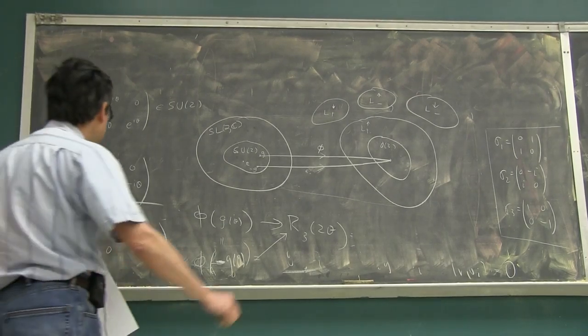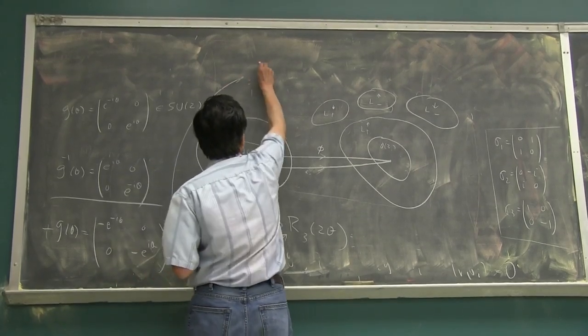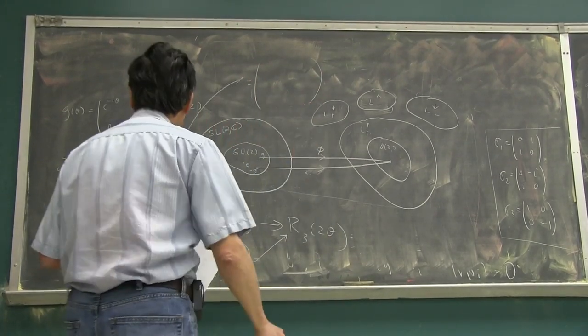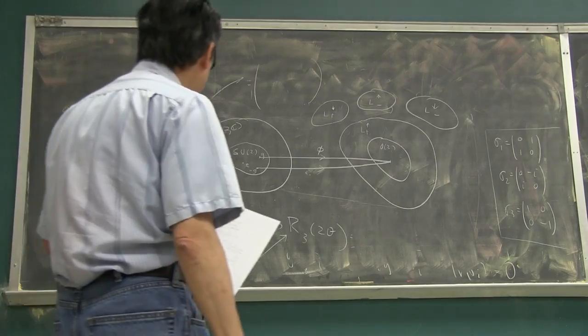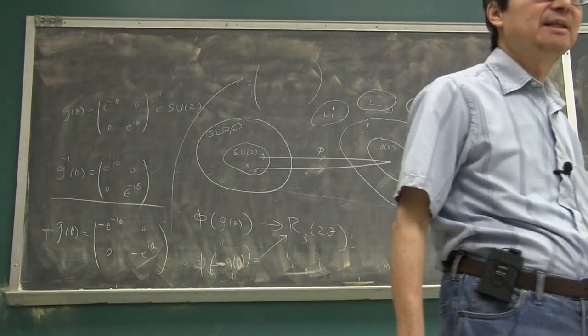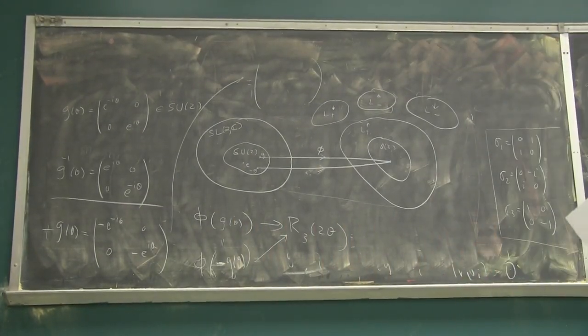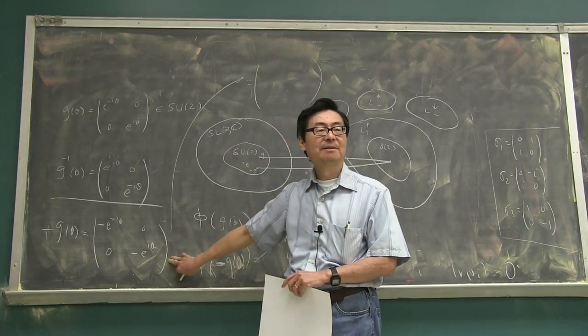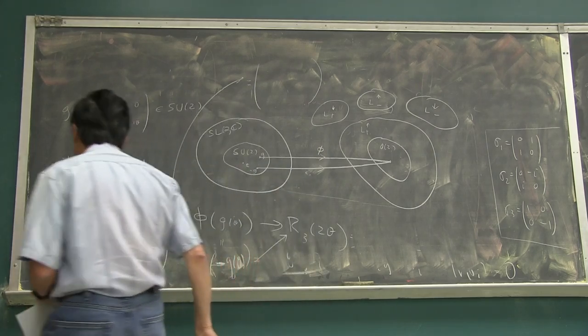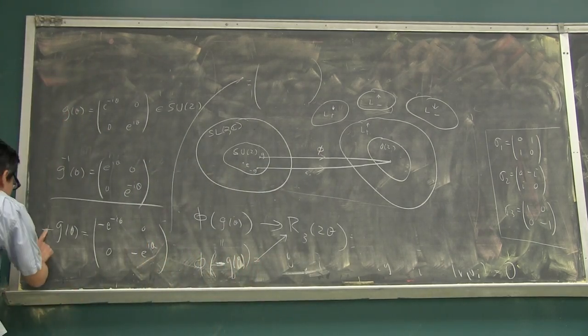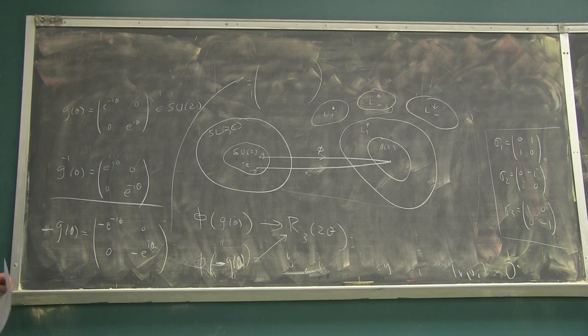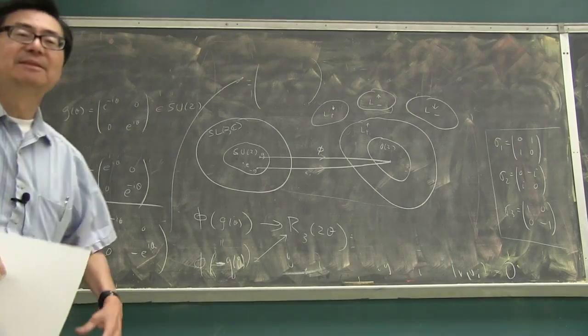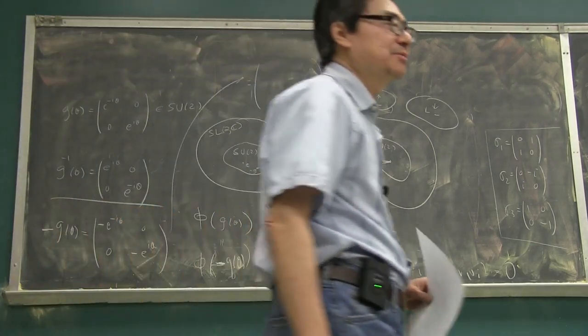You can write the minus sign as e to the i pi, since minus 1 is e to the i pi. So I can write this as e to the minus i (theta plus pi), and e to the i (theta plus pi).